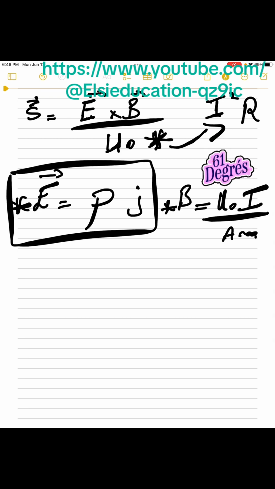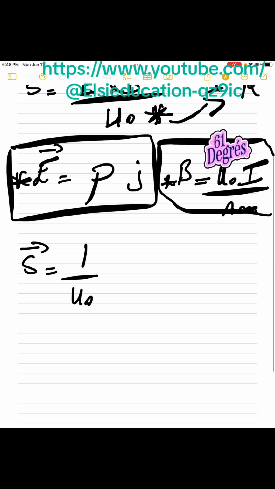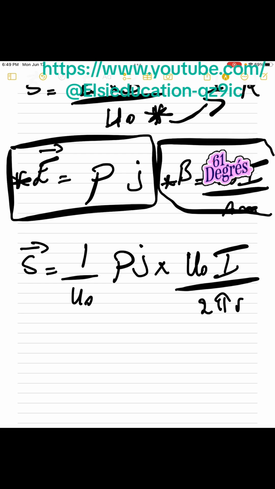Okay, so let's put these two formulas in the Poynting vector, and that's 1 over the constant, resistivity, density, multiplied by the constant, current divided by 2πr.